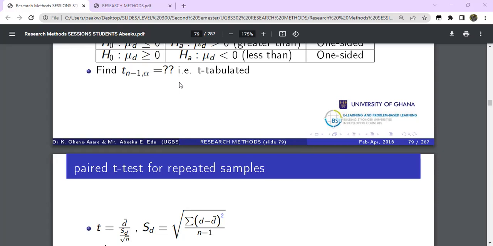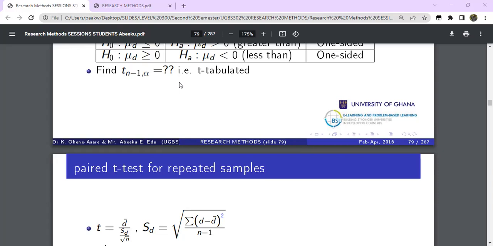And with the p-value approach, reject H0 if p-value is less than alpha. So with the critical value approach, you are comparing calculated and critical. With the p-value approach, you are comparing p-value and what? Alpha value. The alpha will be given in the question, the level of significance. But how do you find your p?